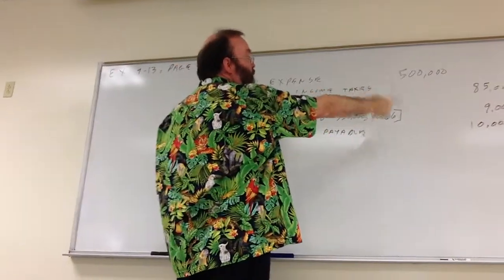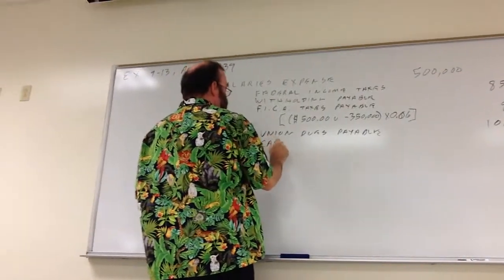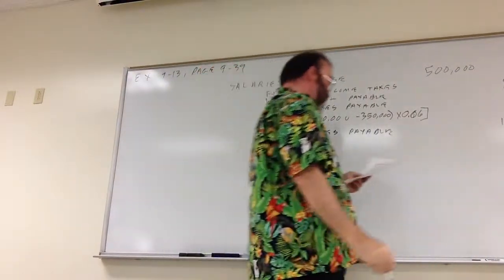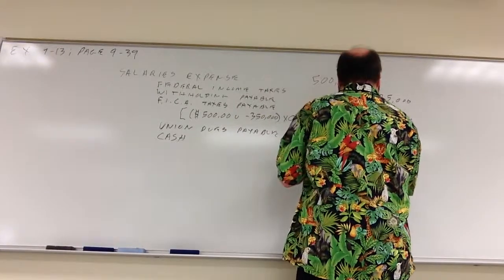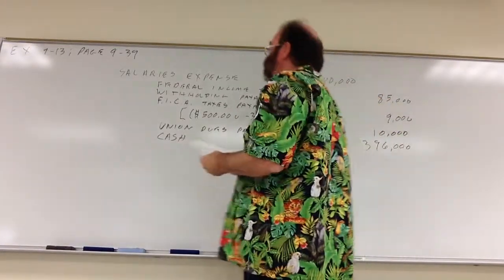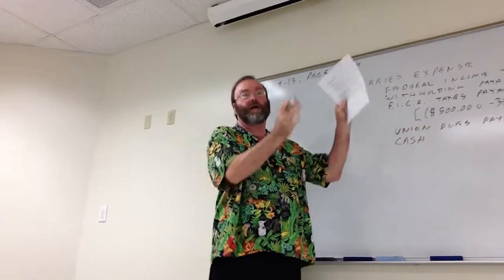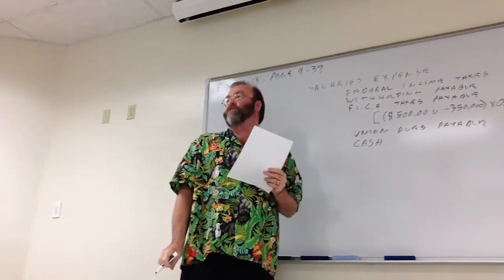Deduct all the withholdings out of the gross pay, and you have what you are paying them in cash. And that's 396,000. That's the employee side of the entry.